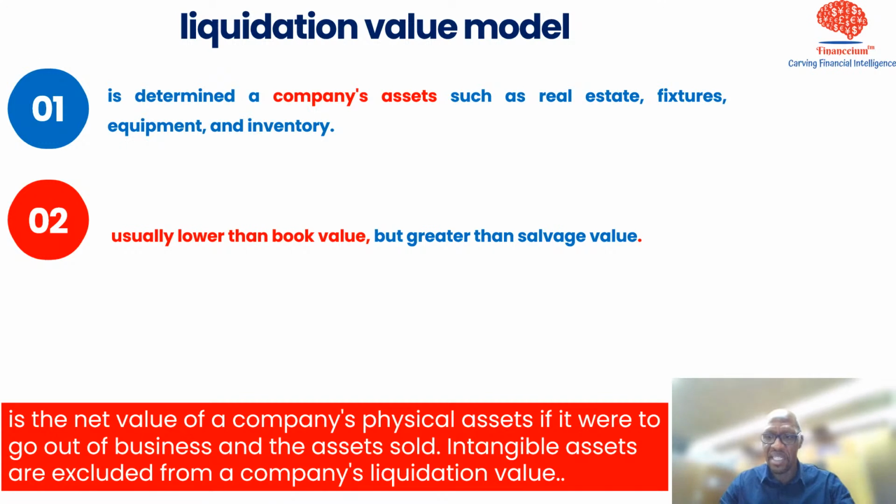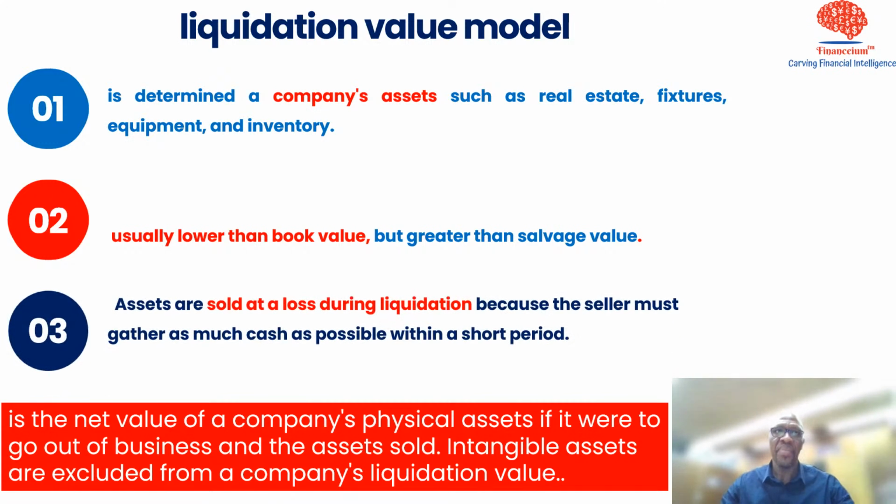Usually assets are sold at a loss during liquidation, because at this point you really want to lay your hands on cash, and the seller wants as much liquidity as possible in as short a period as possible, so that they can pay off the liabilities or the creditors. In practice, this will usually happen during an auction or things like that.